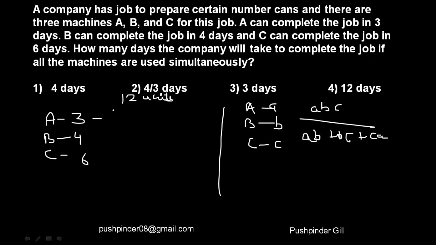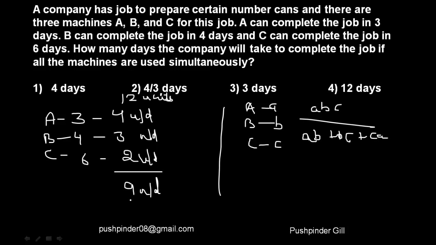A here takes 3 days. That means he must be finishing 4 units every day. B must be finishing 3 units every day, and C must be finishing 2 units every day. Together they will be finishing 9 units every day, right? And if they're finishing 9 units every day, the work is of 12 units.